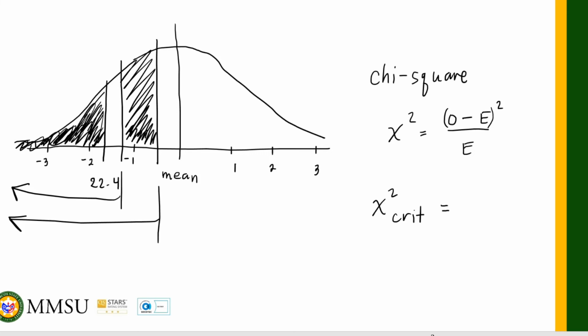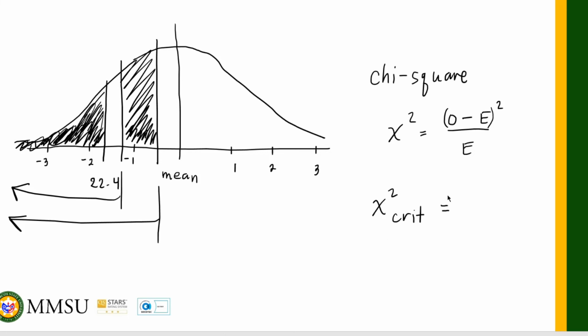Meron dyan CHISQ DIST, pero ang gagamitin natin ay right tail. Chi-square RT. Sorry, hindi pala iyon.